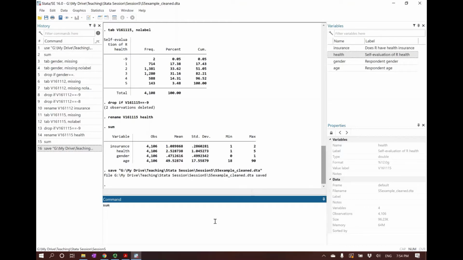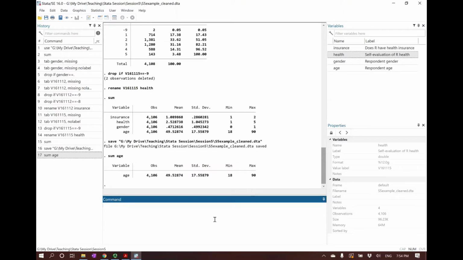In statistical inference, we need to care whether we're working with a population or a sample. So now we have a sample. If I sum age, my sample size is 4106, my sample mean is 49 something, and my sample standard deviation is 17.55.